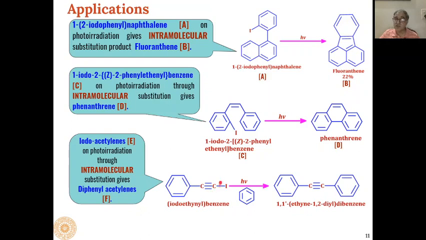Similarly, carbon-carbon triple bonded iodides, that means iodoacetylenes, can also undergo a coupling reaction with benzene, which is used as solvent, in presence of photoirradiation, and we will get diphenyl acetylenes as the product.